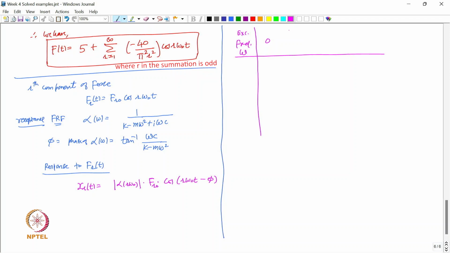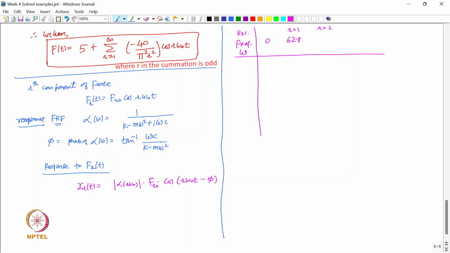For r equal to 1, that is omega naught, and if you find omega naught, that value is given by 2 pi upon 0.1, that is 20 pi, which is 62.8 radians per second.